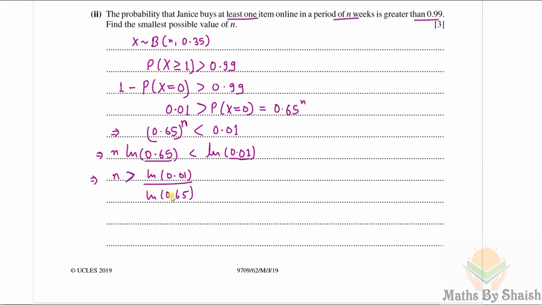From the calculator, of course, it is coming 10.69 and so on. So the least possible value of n, which is more than 10.69, is going to be 11. So that is the least value.